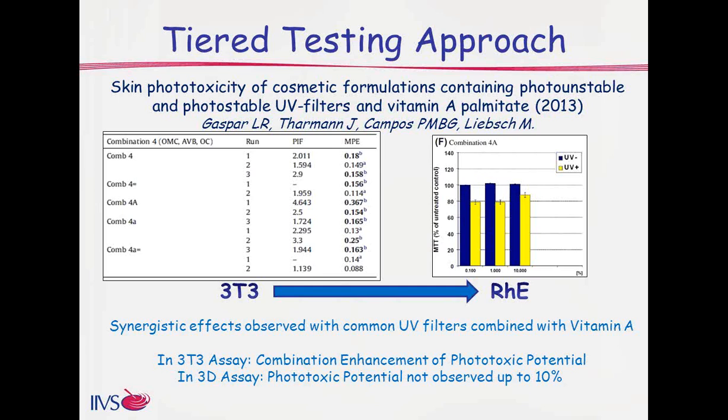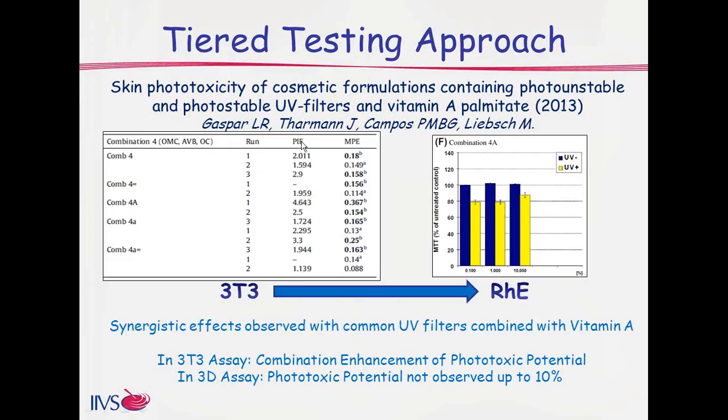In the three-dimensional model, for example, we saw that the same effect wasn't seen up to 10% in one of the combinations. So when thinking about this, the combinations may have only represented a portion of those presented in the paper, but generally these combinations were 3 UV filters with or without vitamin A.